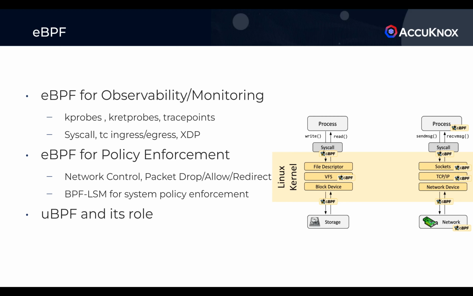With eBPF, you can now insert programmable code inside the Linux kernel such that you can steer packets, and you can observe behavior at the system call level, or using kprobes, kretprobes, and tracepoints. There are multiple hook points.